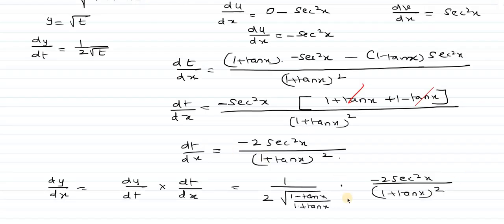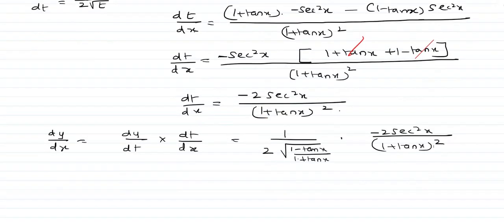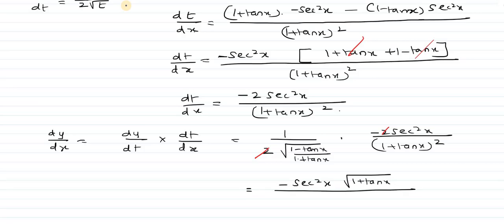So 2 cancels here. Okay, 2 and 2 cancel here. So minus secant square x. This goes to the numerator. And here this comes to the denominator as 1 minus tan x into 1 plus tan x square.